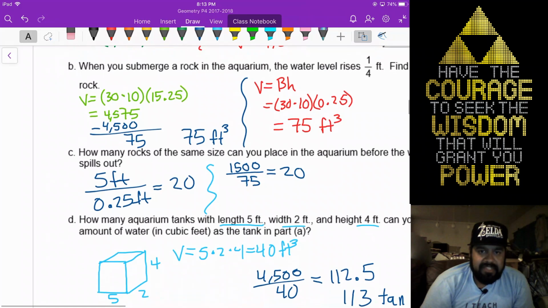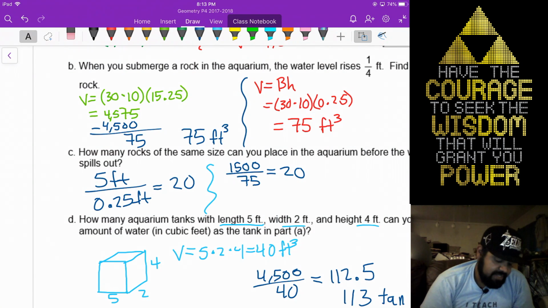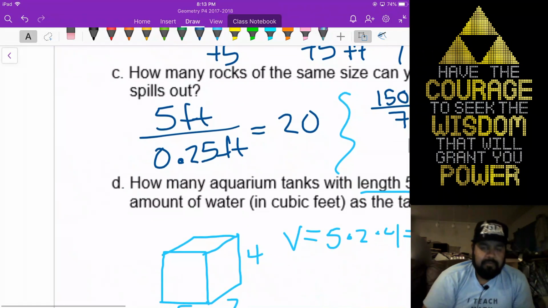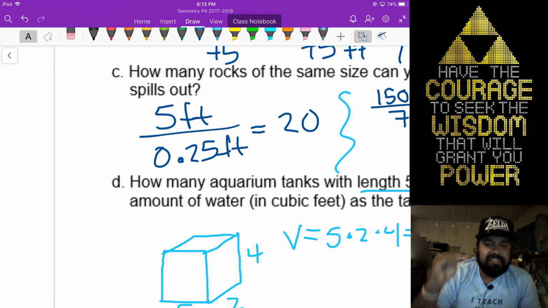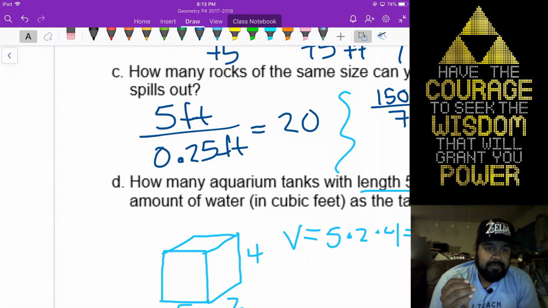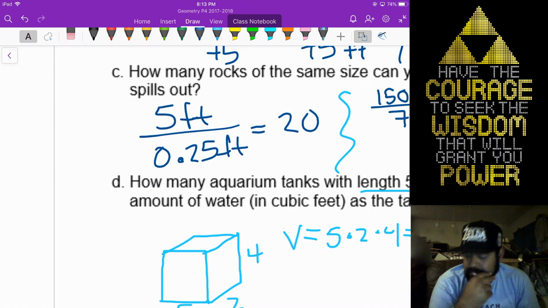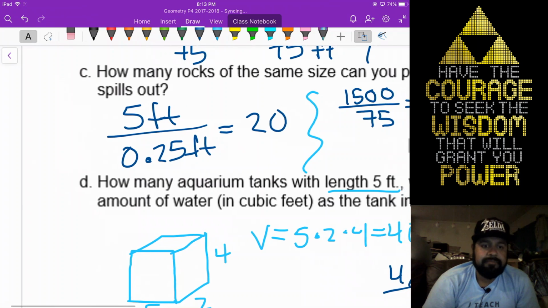So then on part C, how many rocks fit? There are a couple ways of doing this. You could say, well, 1/4 of a foot was the height going up. Well, I need to fill up a total of 5 feet. Yes, Alyssa, I can do number 1. So how many times does 1/4 of a foot go into 5 feet? It would go in 20 times.